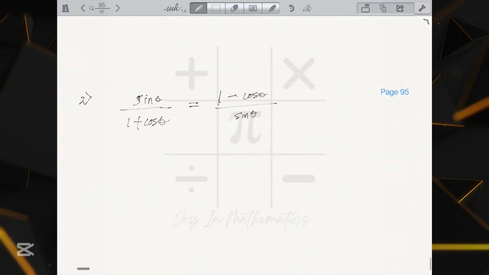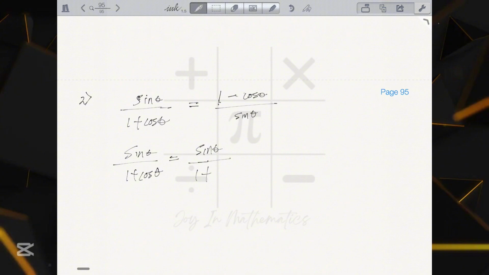So to simplify this, we are moving from the left hand side to the right hand side. So let's begin. Sine theta divided by 1 plus cos theta. To simplify this, we have to multiply the numerator and the denominator by the conjugate of the denominator, like we did in the previous example.